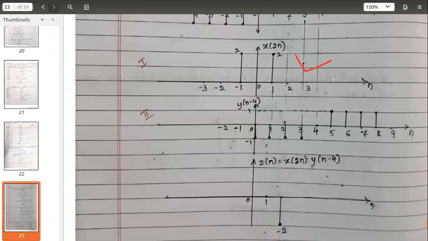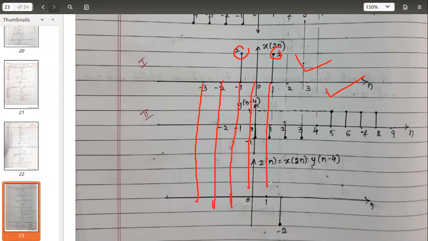Once you draw both these, try to multiply by amplitudes. Take a time axis and drag these lines. Drag all of them, this will be easy for you. When you multiply two signals, this will make your work easier. Draw these lines. After that, we don't have anything here, 0. Then we have amplitude here, but nothing here, so 0.